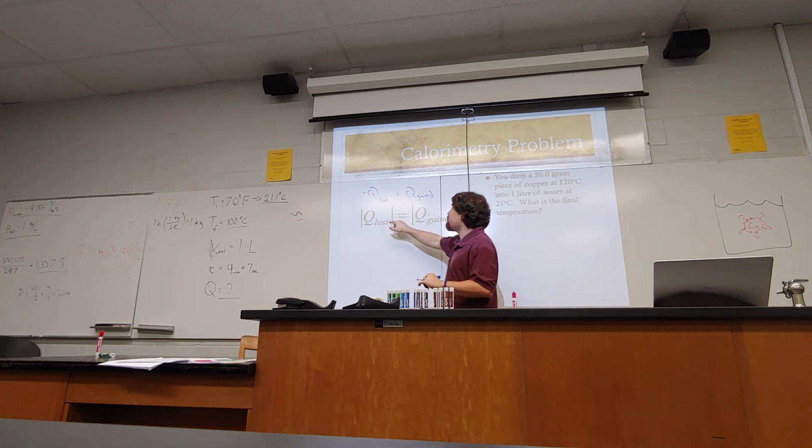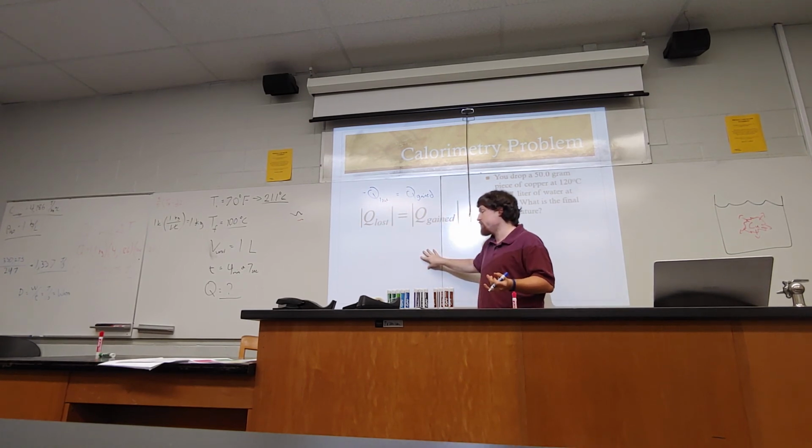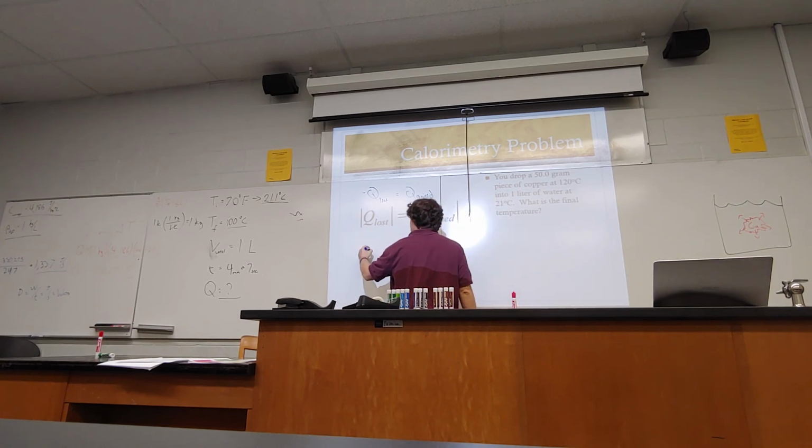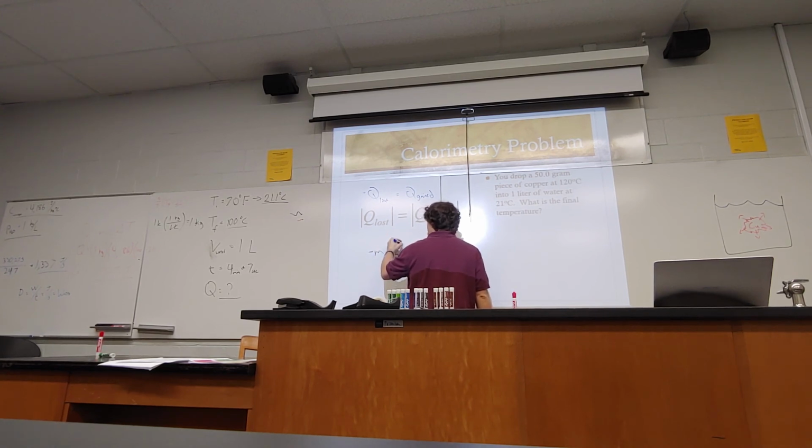So which object is losing thermal energy? Okay, so everything on this side, everything we replace this Q with needs to be of values from the copper. So we're keeping a minus. So Q equals MC delta T, so that needs to be mass copper times C copper times delta T copper.